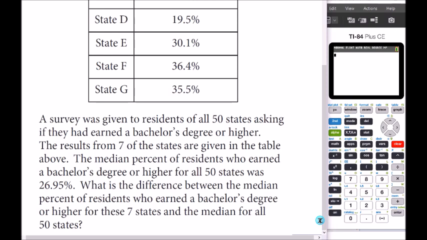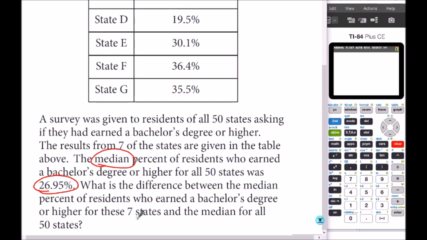The median percent of the residents, median means the middle number, who earned a bachelor's degree or higher, meaning 4-year college or above, not an associate degree, for all states was 26.95%. What is the difference between the median percent of the 7 states and the median for all 50 states?